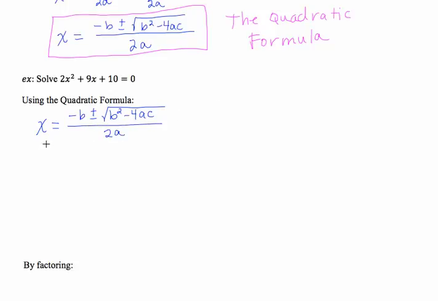What we have to do is identify what a, b, and c are. Those are these coefficients, and you do include the sign. So a is positive 2, b is positive 9, and c is positive 10.